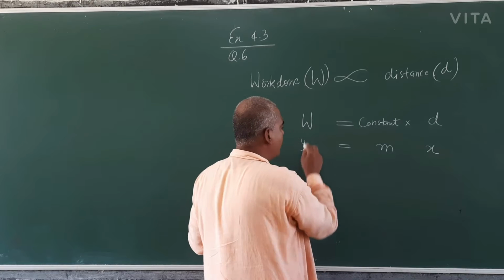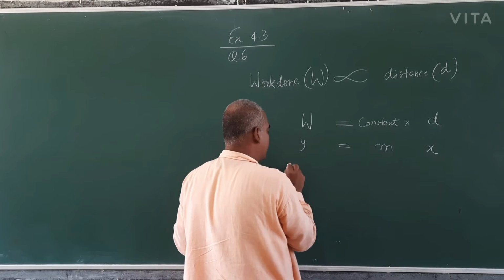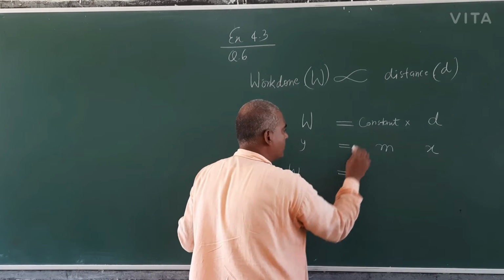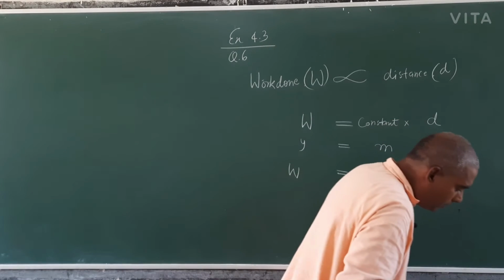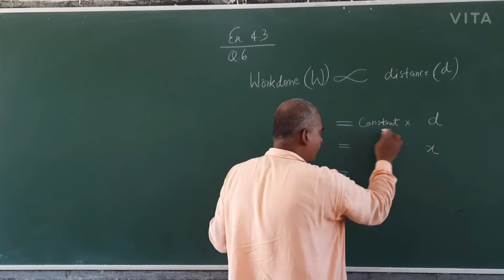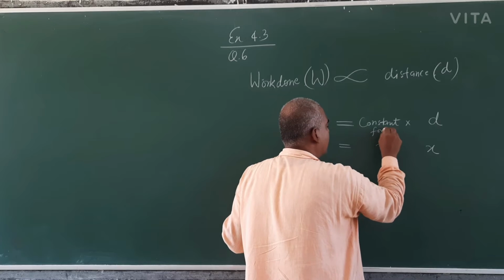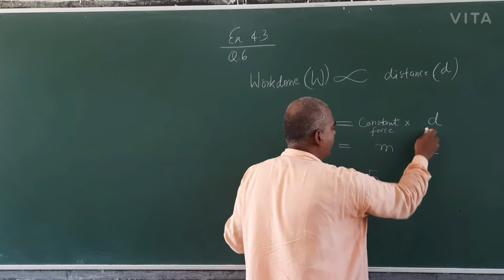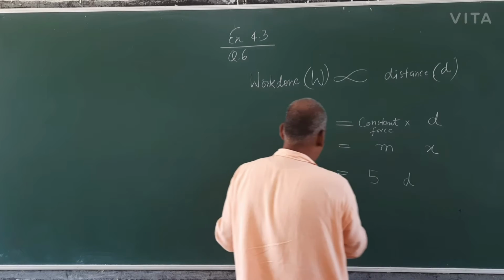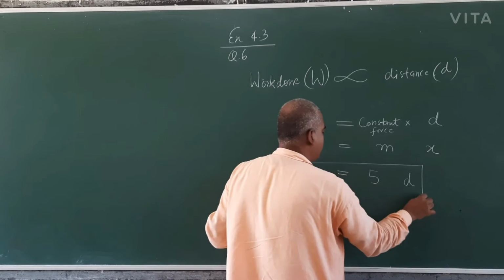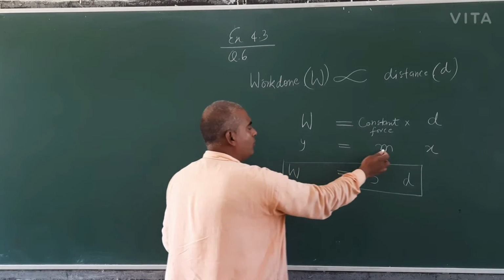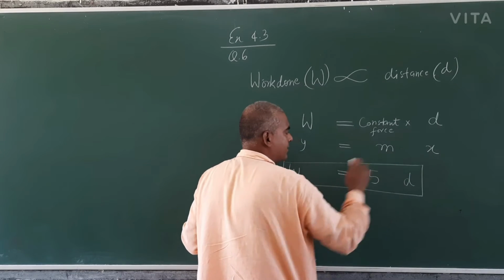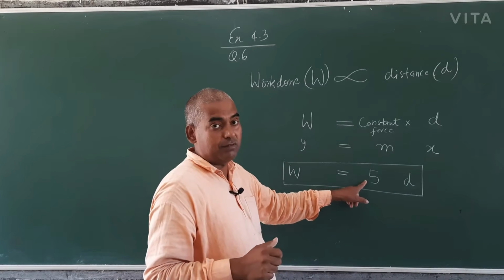Similarly you are looking here, it is given the constant. What is given? The constant is 5 units. Constant force, this is the constant force 5. W is equal to 5 multiplied by D. So it is just equal to Y is equal to 5x, and obviously 5 is positive.